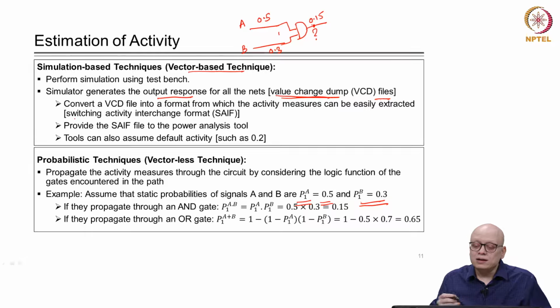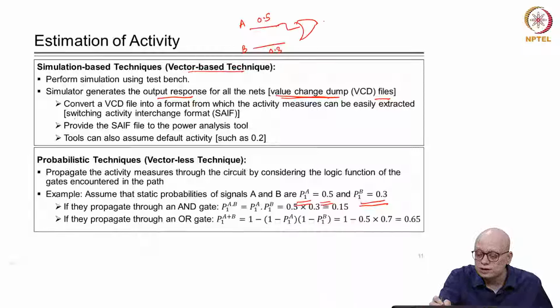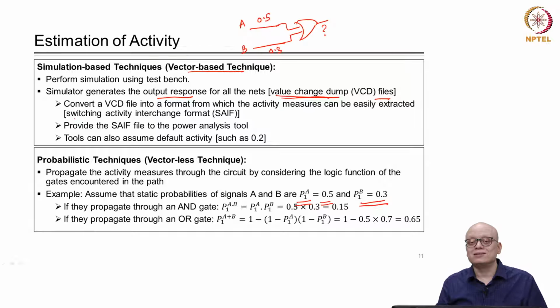Now, if these same two signals were going to an OR gate, what will be the probability of being 1 in this case? It is easy to compute the probability of being 0, and then if we subtract that probability from 1, we get the probability of being 1.